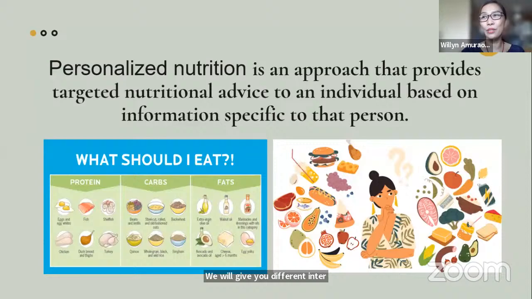Okay, so personalized nutrition was designed to know what nutrition or diet suits best for an individual, depending on needs and disease. As I mentioned a while ago, it depends if you have cancer, diabetes mellitus, thyroid problems, a gastric ulcer, or hypertension.